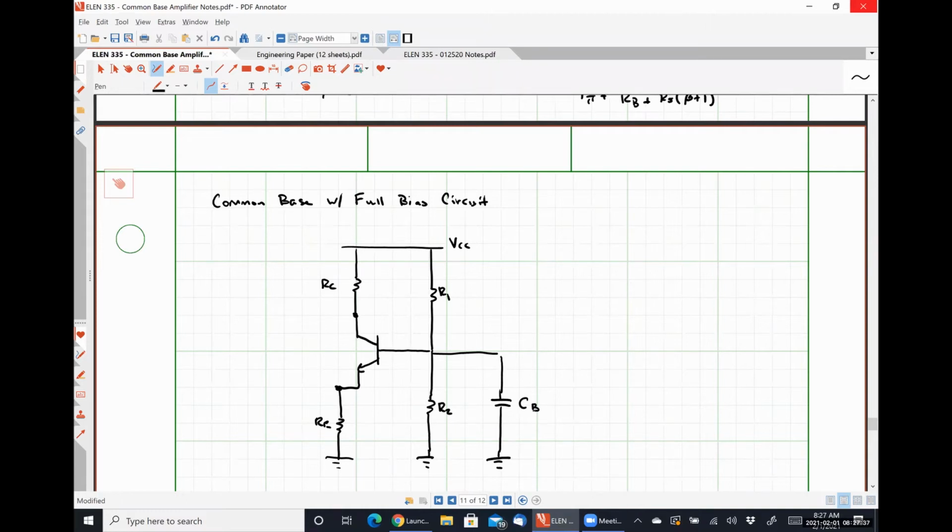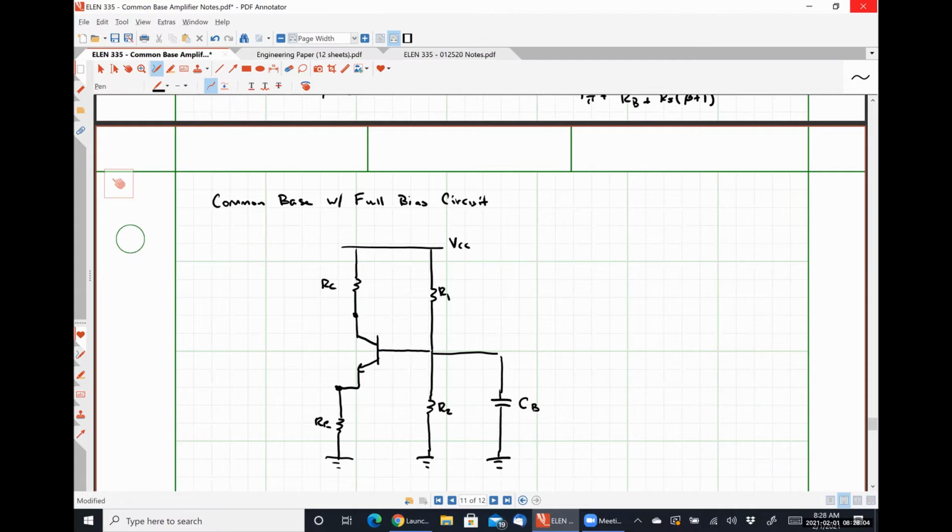With the AC analysis, that capacitor CB becomes what? A short circuit, which means that resistor R1 is between the AC ground of the power supply signal and the short circuit connected to ground of our capacitor, which means R1 is shorted out, right?